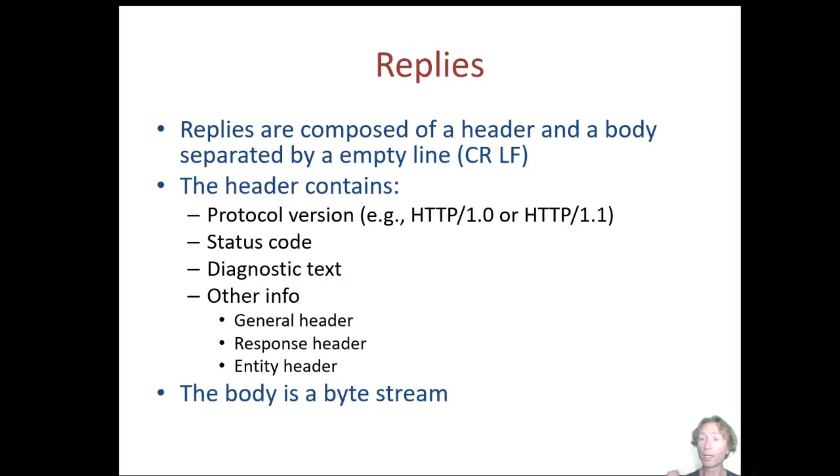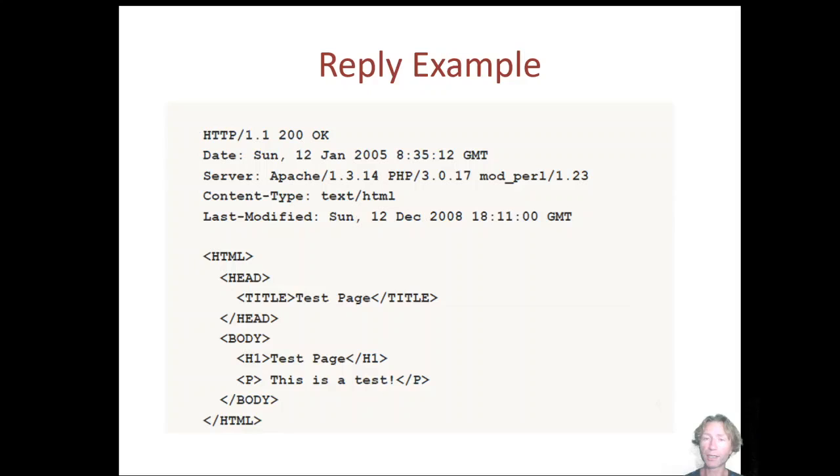So whether or not everything is okay, the page was not found, or some other error code, some diagnostic text, and some other information, other headers again. Again, general headers, response headers, and entity headers. And just like in the request case, the body is a byte stream. So if you're sending a reply back to a client with actual data, that body is treated as a byte stream. So here's an example of a reply.